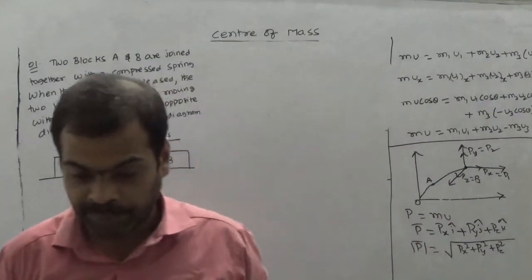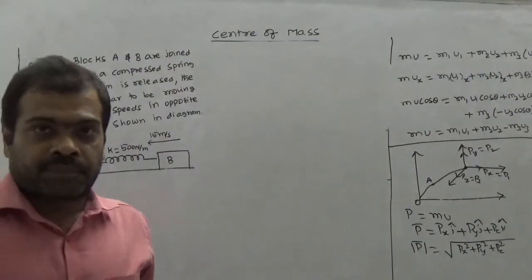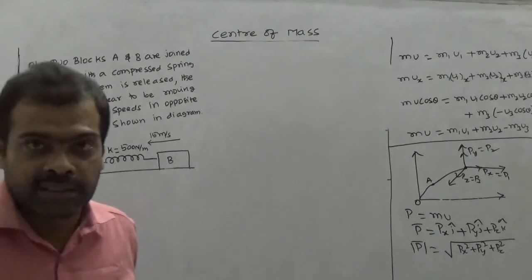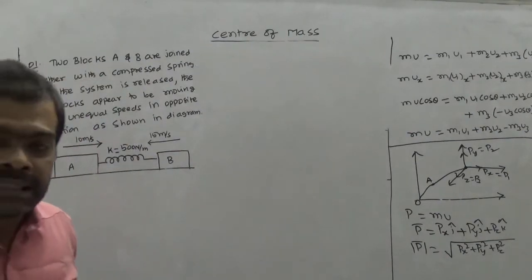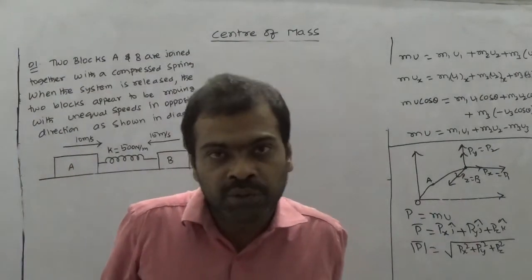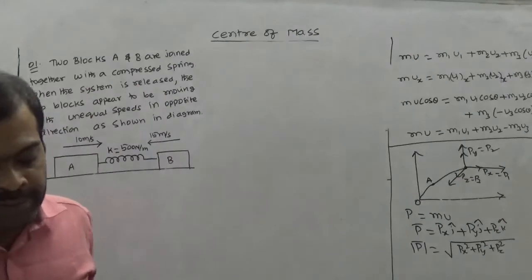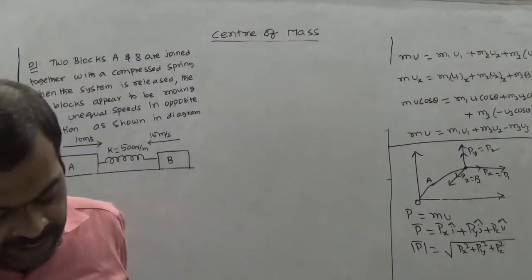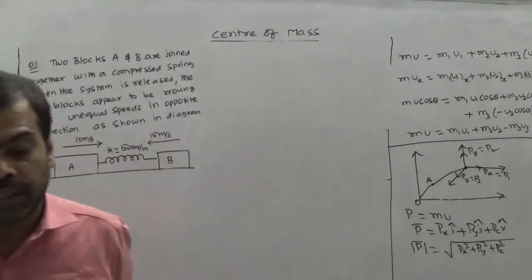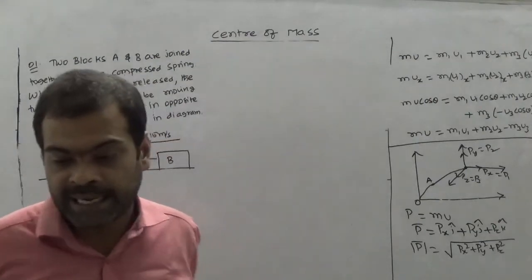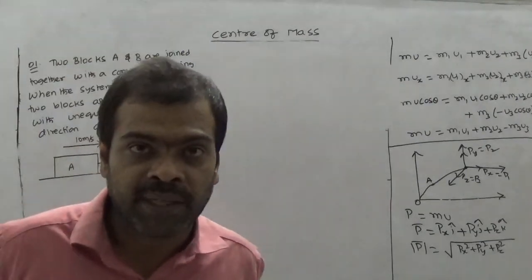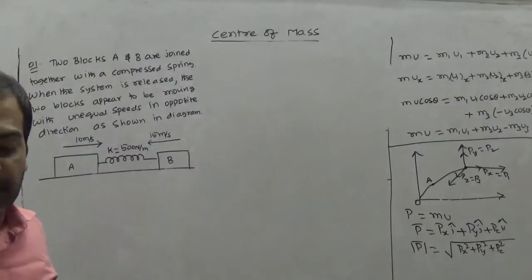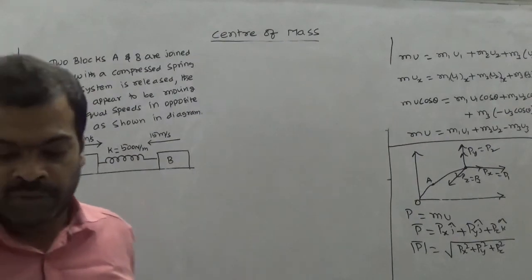Now we have the options, and we need to select the correct statement. The center of mass of the system will remain constant and mass of block A is equal to that of block B; the center of mass of the system will move towards right; and the fourth option, it is an impossible physical situation.